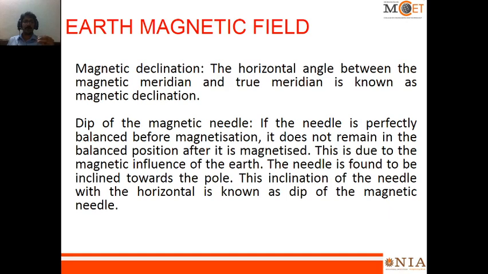Some magnetic particles, if they make a pull, it won't settle in the proper position, right? This is due to the magnetic influence of the earth. The needle is found to be inclined towards the pole. This inclination of the needle with the horizontal is known as the dip of the magnetic needle. It may also result in variation in the bearing, right?